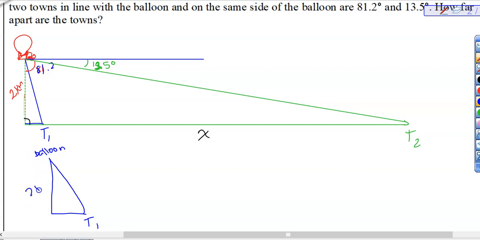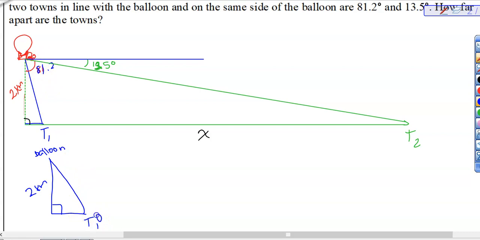And this is 2 kilometers, and this is my right angle. I need one more piece of information in order to solve this right triangle. Can I use my angle of elevation instead of my angle of depression?